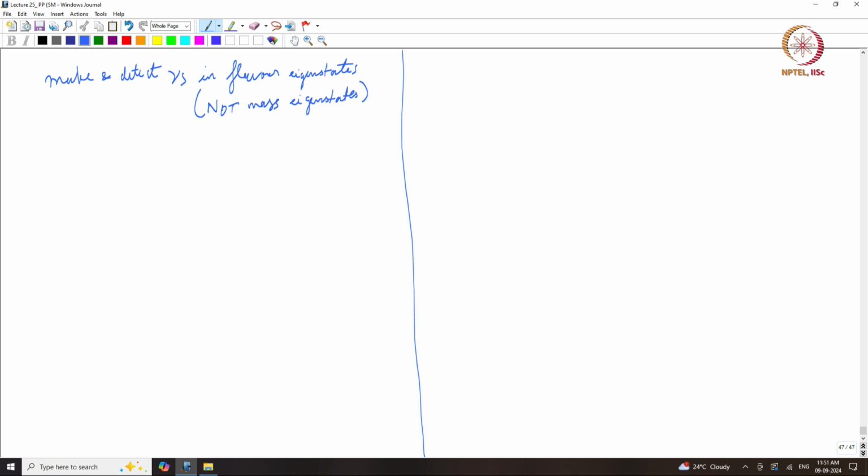So, what does that mean? There is a mismatch of these flavor eigenstates. I am just going to write it this way now, with the mass eigenstates, I am going to write that like this, during propagation.